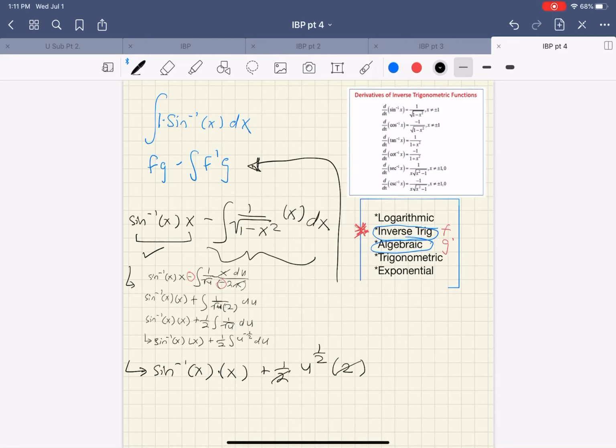So this cancels out and this cancels out. And let's not forget our plus c. Sine negative 1 of x times x plus u to the 1/2 plus c. And now the final thing we have to do is just put everything in terms of x, because that way it would look a lot nicer.